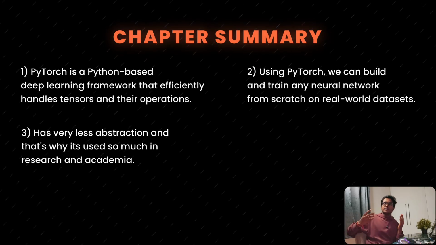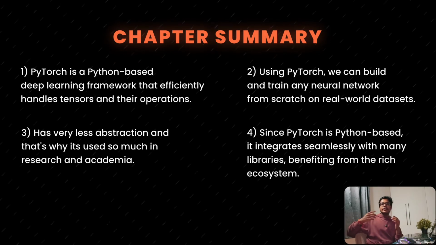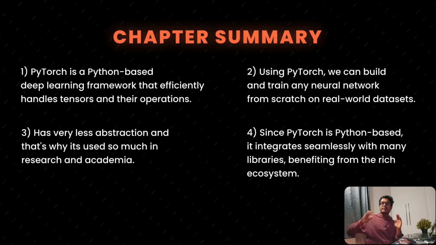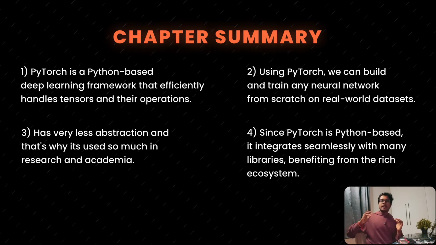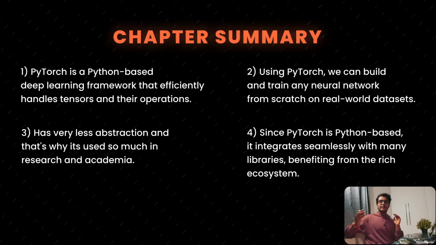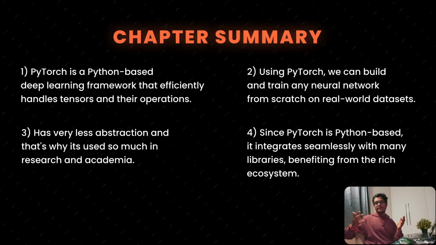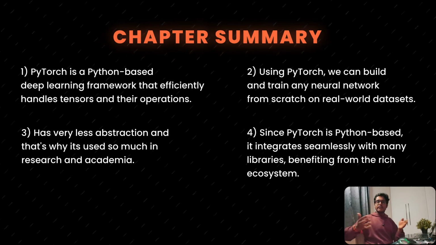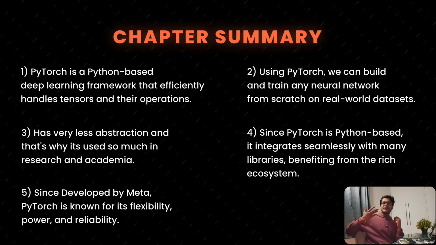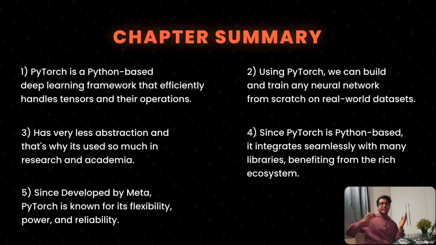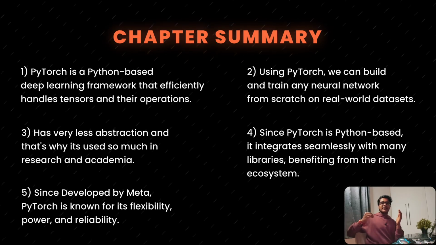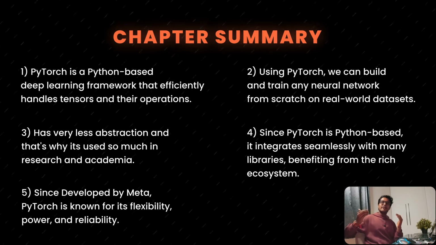Fourth, because PyTorch is based on Python, we can use all sorts of Python libraries alongside PyTorch, like NumPy, SciPy, Matplotlib, Seaborn, OpenCV, scikit-learn, like everything. Fifth, because PyTorch has been developed by Meta, it is very reliable and very powerful.